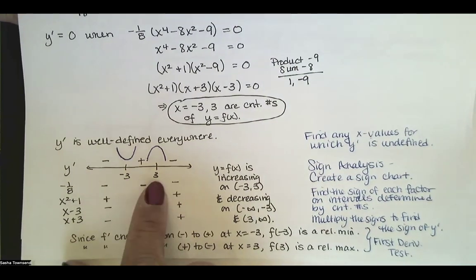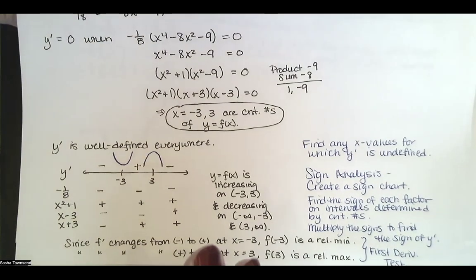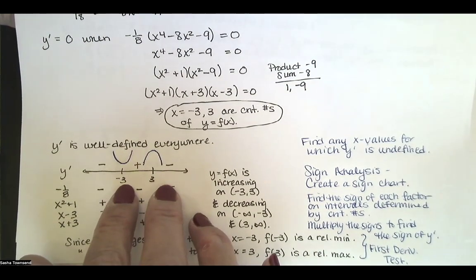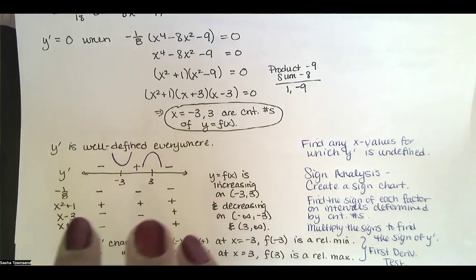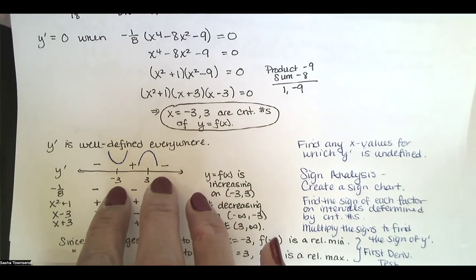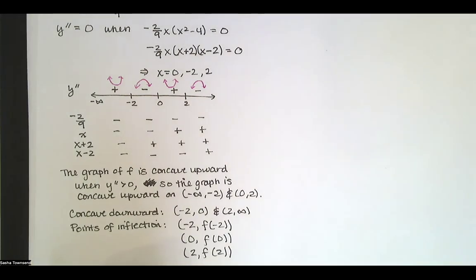So we already know that x equals -3 and x equals +3 correspond to a relative min and relative max from the first derivative test. But we could just as easily determine whether x equals -3 and x equals +3 correspond to relative minima or maxima by using the second derivative test. So let's use the second derivative test to confirm what we found using the first derivative test.